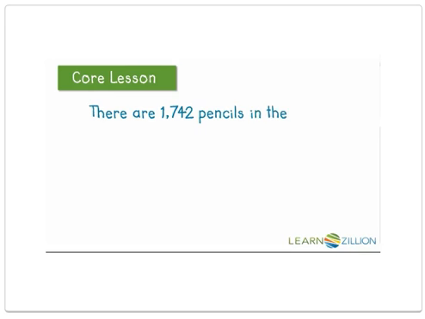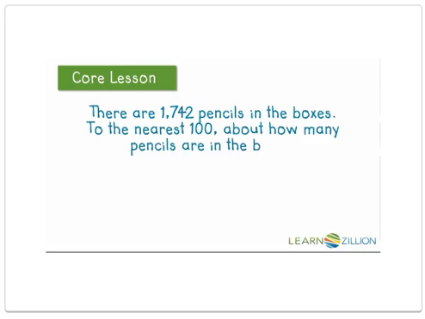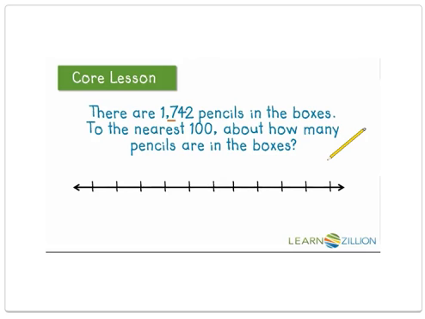Let's look at another problem. There are 1,742 pencils in the boxes. To the nearest 100, about how many pencils are in the boxes? Since we're focusing on the nearest 100, we need to look at the 7 in the hundreds. When we determine the benchmark numbers, we need to count by hundreds. 1,742 is between 1,700 and 1,800.